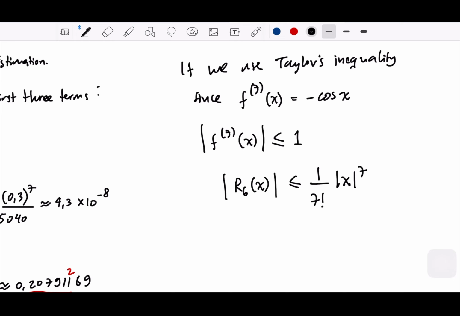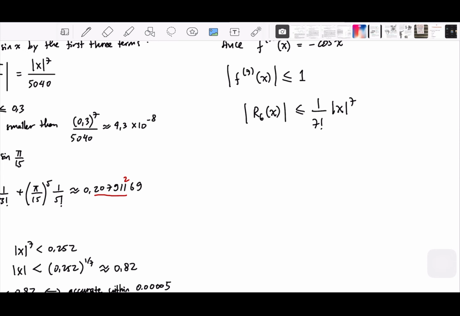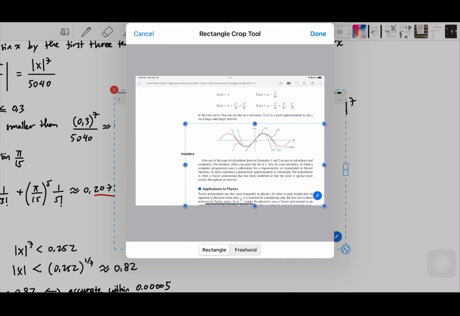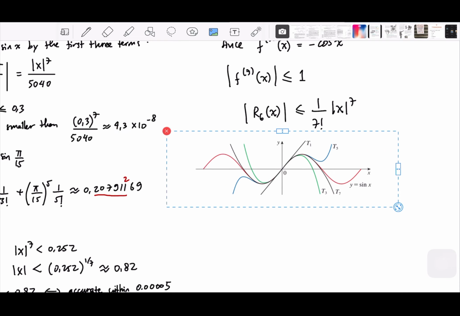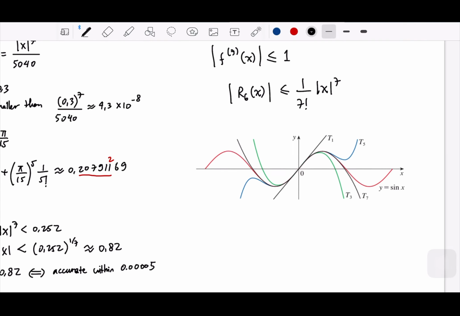And the other way we can solve this is by taking the calculators and using the graphs. If you would like to look at how the graphs will be, I think we can look at the partial sums for several n.